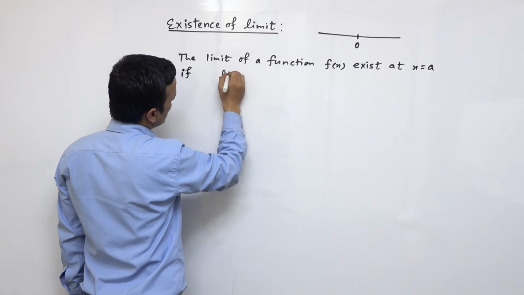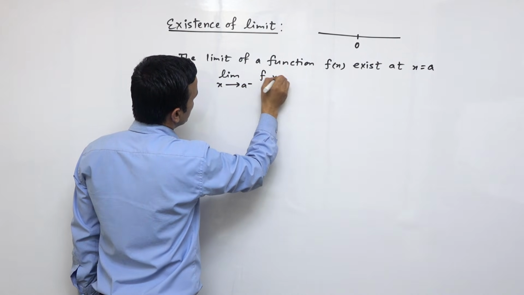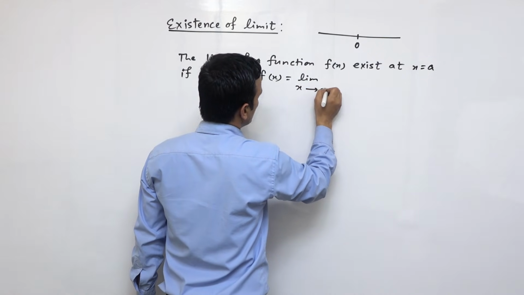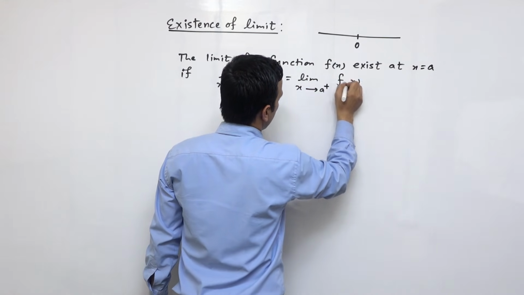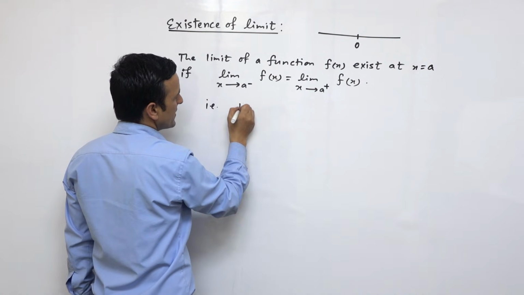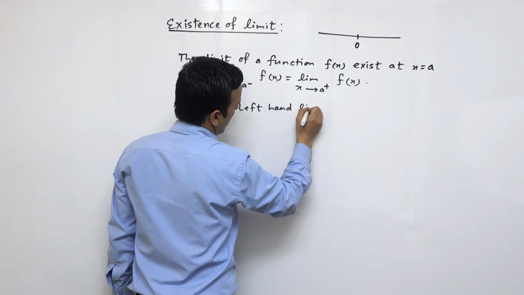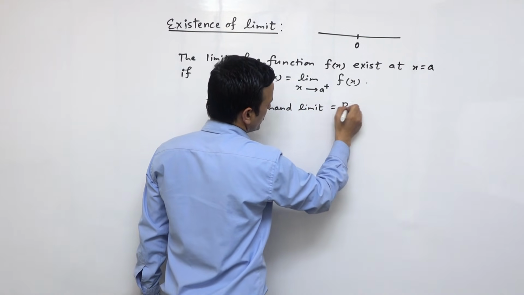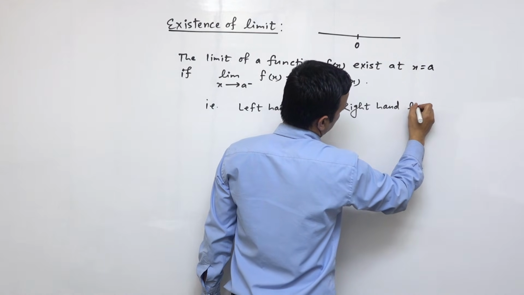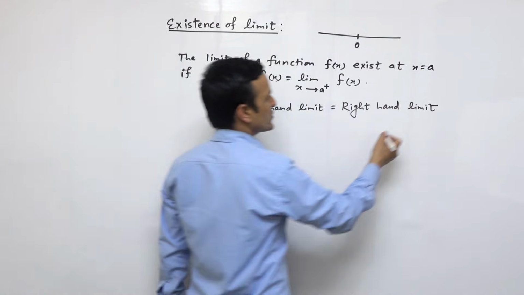That is also written down as limit x tends to a minus f(x) is equal to limit x tends to a plus f(x). That is, left hand limit is equal to right hand limit. So this is the existence of limit.